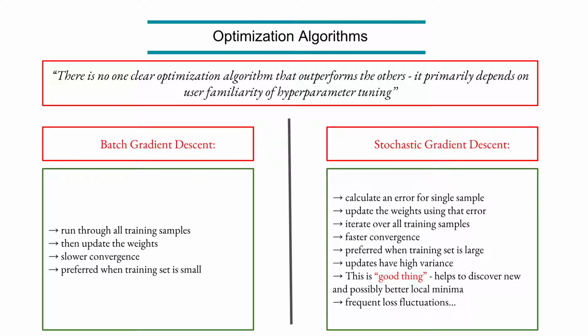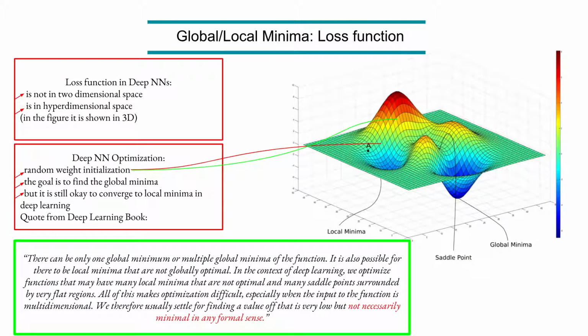But this is good because, for example, let's assume after some iteration we got this point. You see there's some local minima behind this one. So we got this local minima, and in stochastic gradient descent, since the gradient is high and non-stable, you have many chances to cross over this hill and find a better local minima.